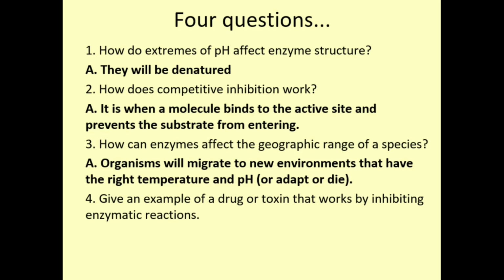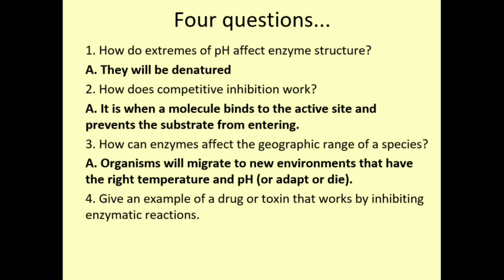Well, organisms will migrate to new environments that have the right temperature and pH, or they have to adapt, or they will die. Hopefully you've mentioned something around that, or you might have looked at it from a different angle: the temperature and the pH have to be of the right value for the organism to survive by maintaining optimal enzymatic reaction rates.